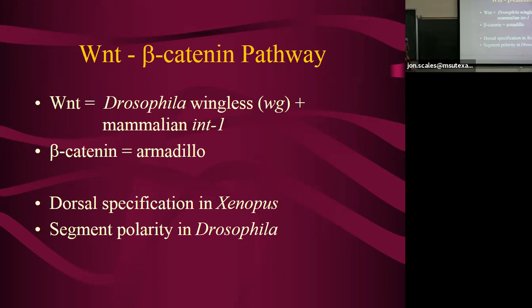And in fruit flies, they're involved in establishing the 15 segments, specifically the polarity of that, the head end versus the tail end of each segment. So that's segment polarity. They're acting, kind of like Hedgehog, over short distances.